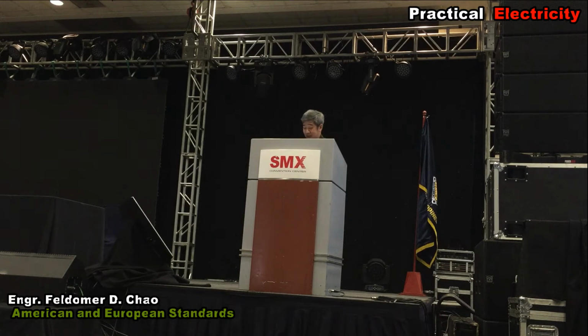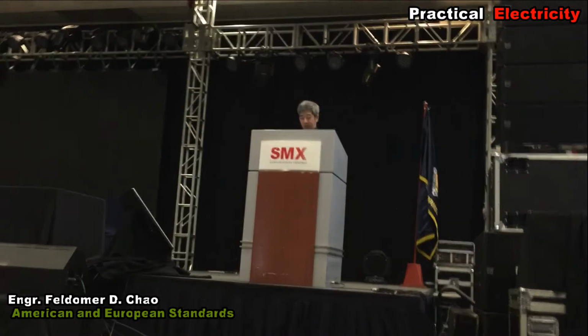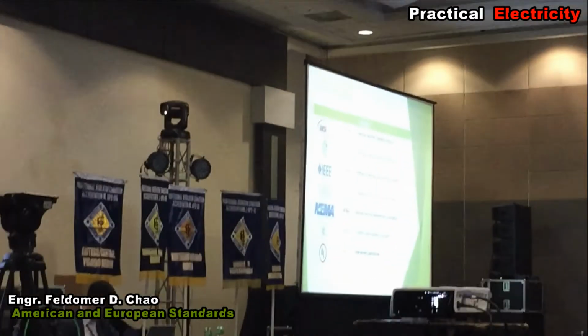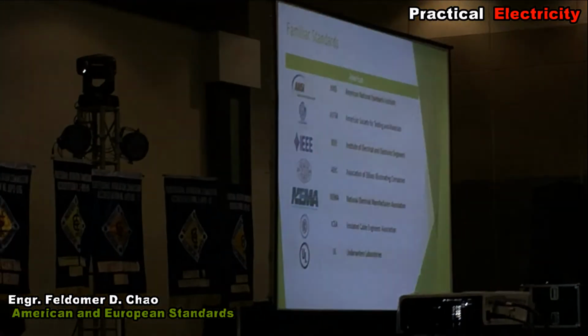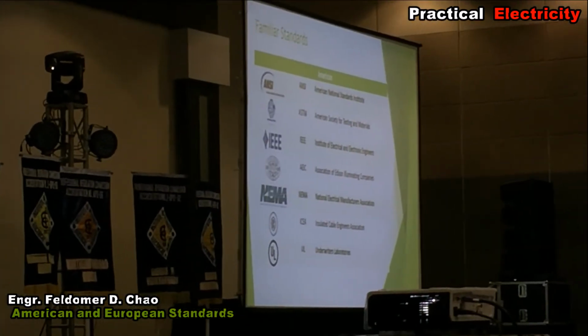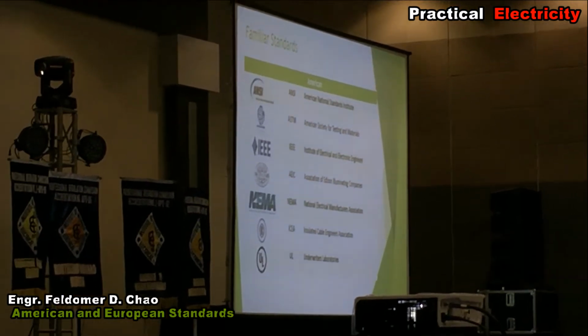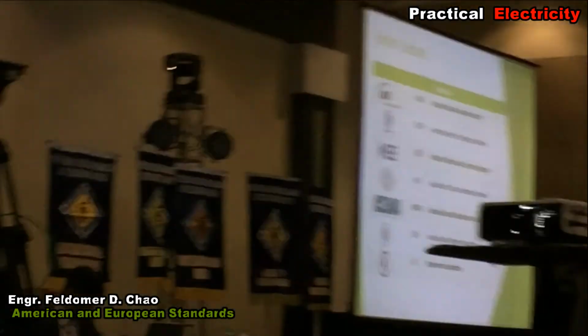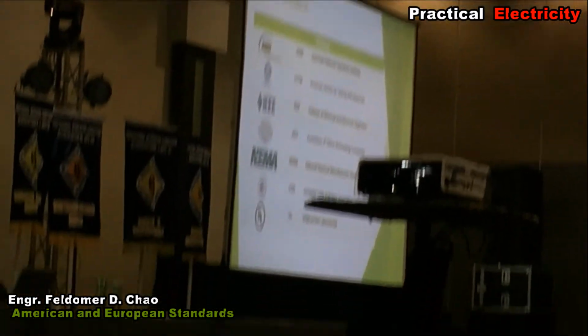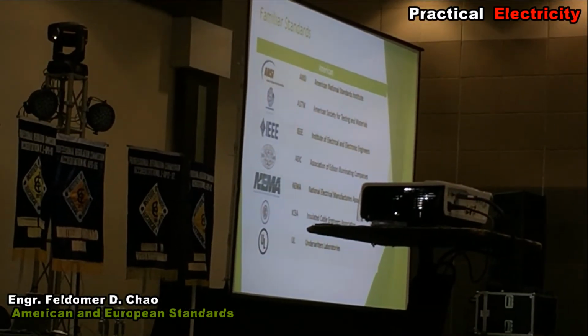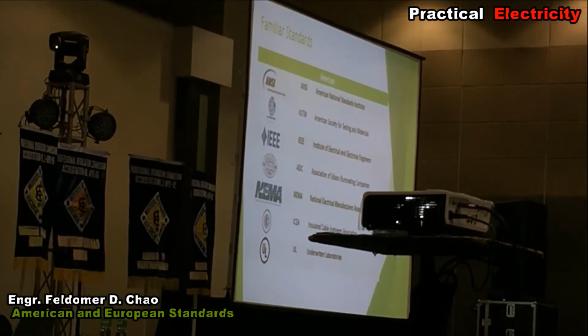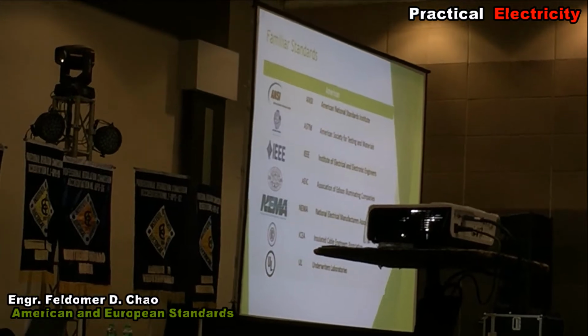Familiarity with the standards: some of these you're quite familiar with. So we have the ANSI, the American National Standards Institute. The ASTM, the American Society for Testing and Materials, and the IEEE, the Institute of Electrical and Electronics Engineers.